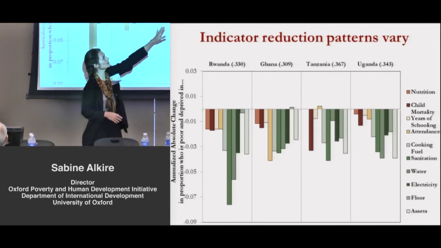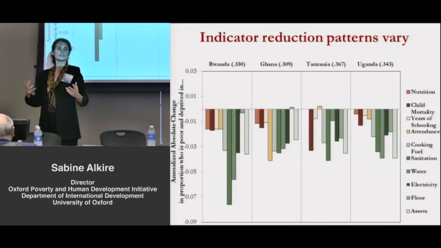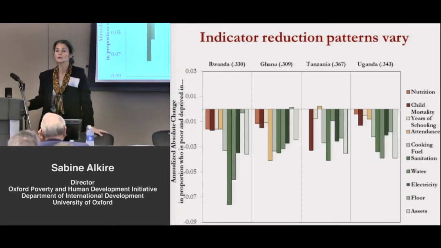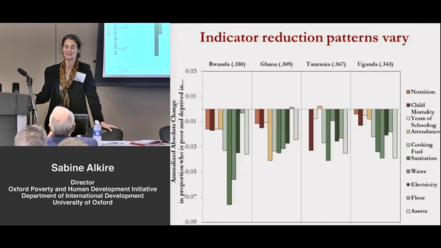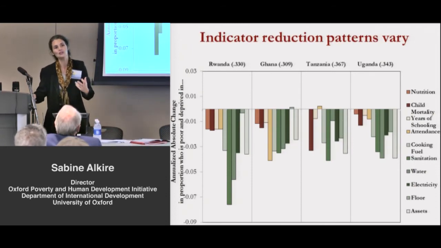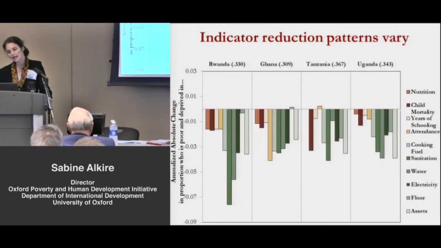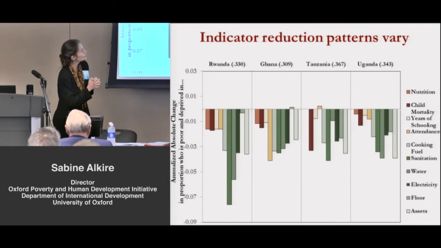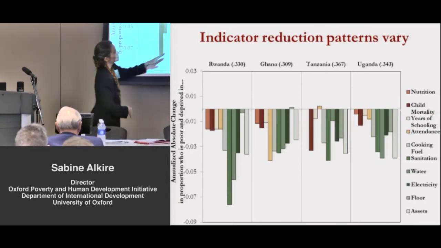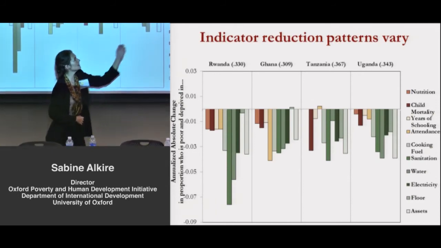And you can see that there is no one pattern either across the countries, that each of the 10 indicators was reduced, so there's no pure stock variable, which we didn't know when we started. We thought child mortality might be too much of a stock, or flooring, or years of schooling. And you can also see that the patterns certainly are different, with much lower reduction of malnutrition, for example, in Uganda.